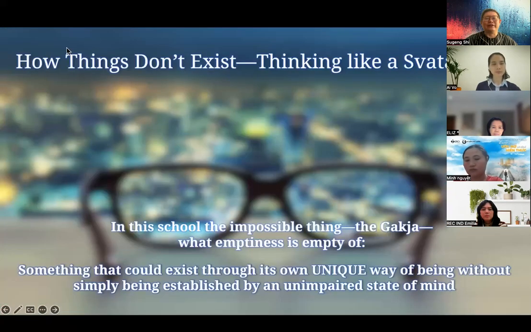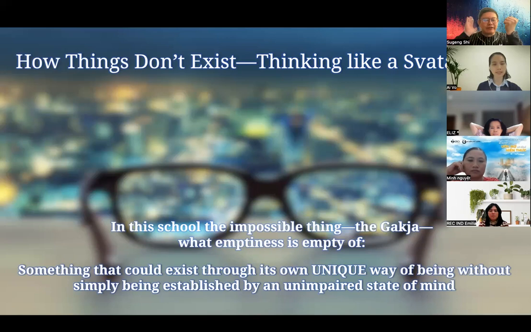So how things don't exist, according to the Svatantrika, the independent branch of the middle way school, is that the Gakcha, the impossible thing, which is what emptiness is empty of, is something that could exist through its own unique way, something that can exist uniquely without simply being established by an unimpaired state of mind, meaning that it exists on its own without us looking at it.